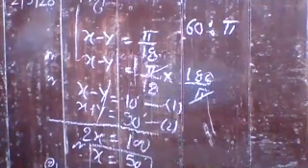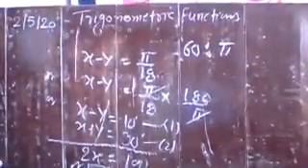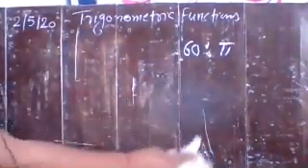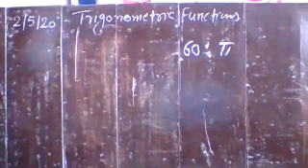So just see what is given here. It is given the angles of the triangle are in AP. So you know the three angles are here, and you well know about the arithmetic progression. If three quantities are taken in AP, you have to take them like that: A minus D, A and A plus D. Understand?